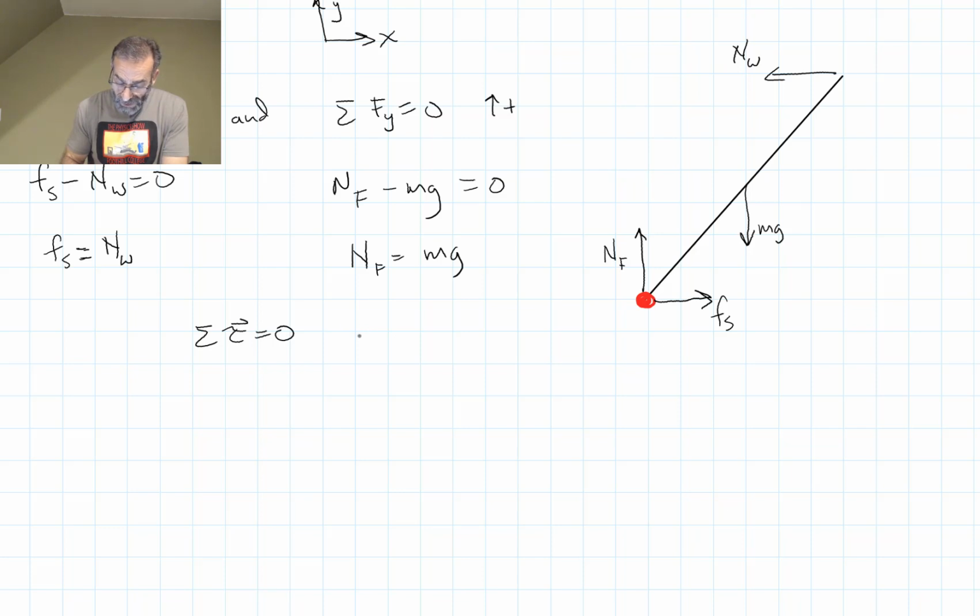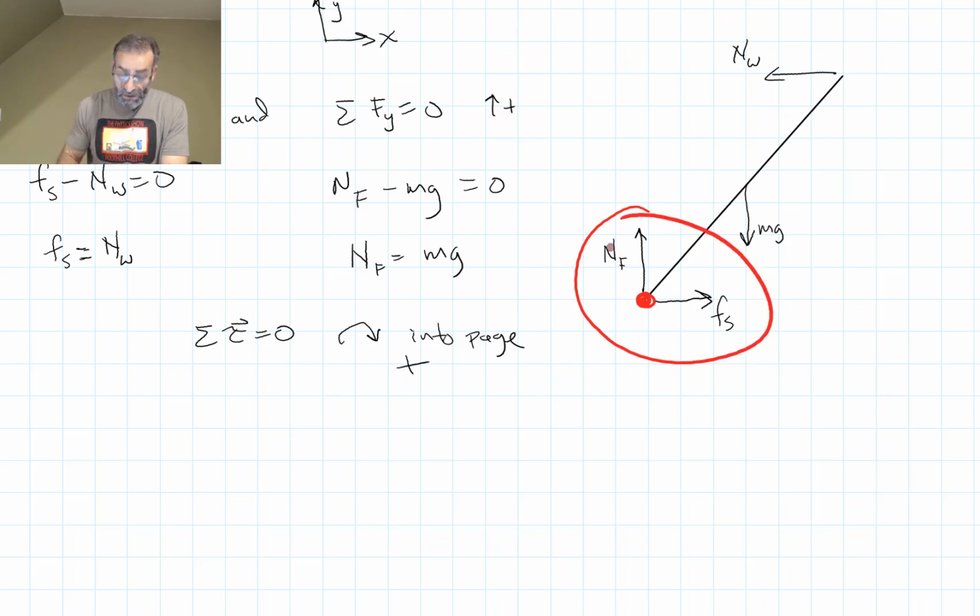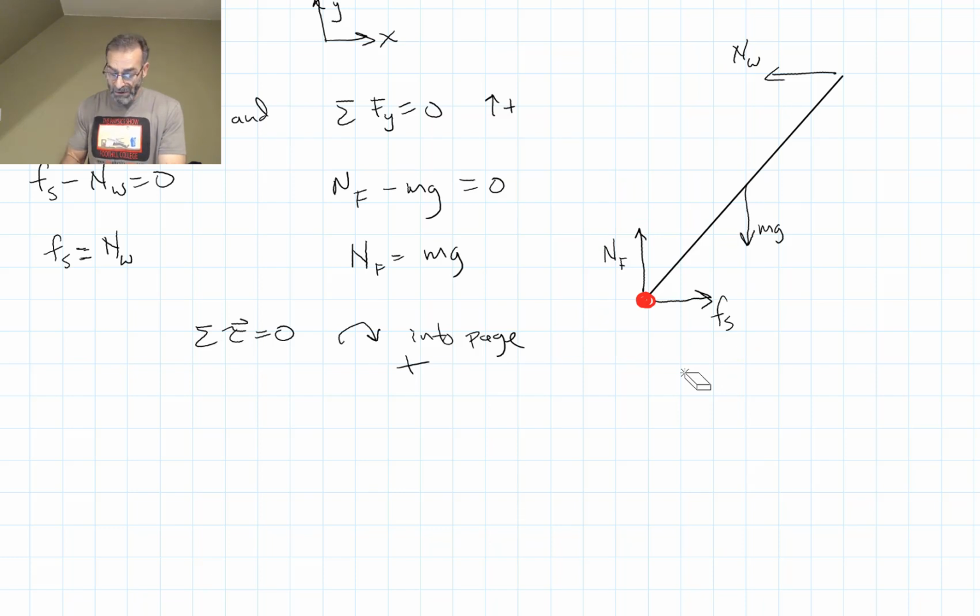I have to define a positive direction. How about into the page as my positive direction? When I add up all my torques, these two are both zero. The normal force from the floor and the friction force are both zero torque. They have zero lever arm.